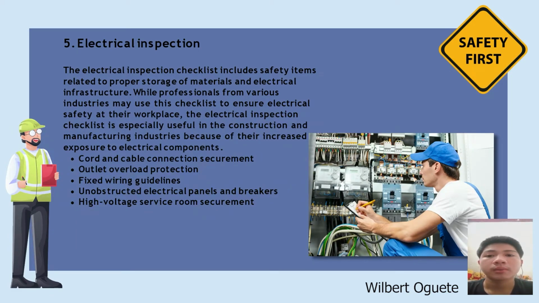While professionals from various industries may use this checklist to ensure electrical safety at their workplace, the electrical inspection checklist is especially useful in the construction and manufacturing industries because of their increased exposure to electrical components such as cord and cable connection securement, outlet overload protection, fixed wiring guidelines, unobstruct electrical panels and breakers, high voltage service room securement.